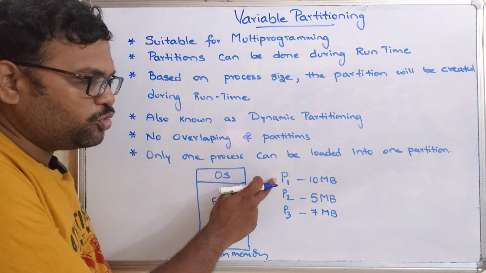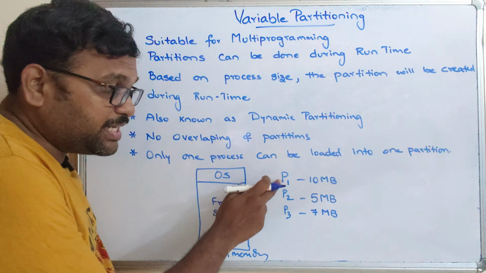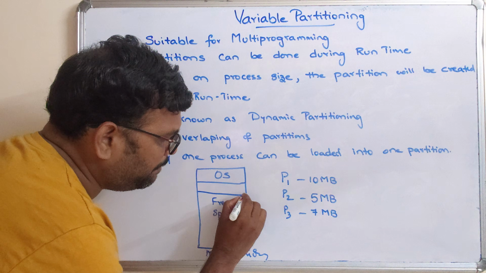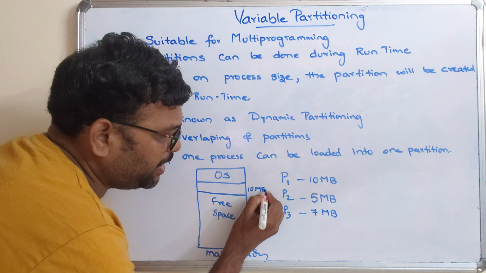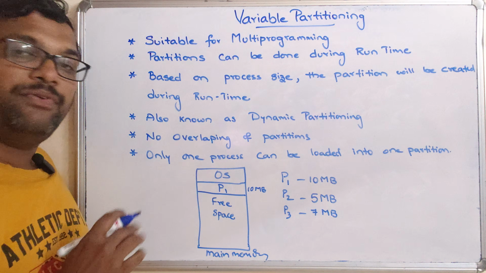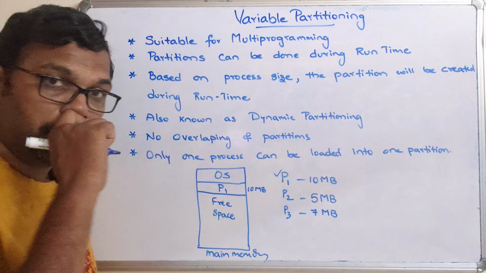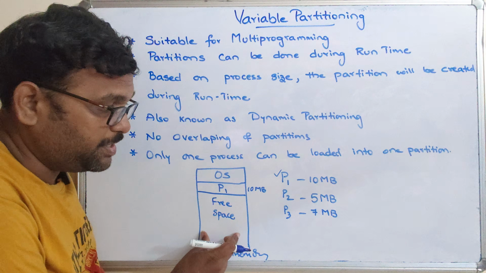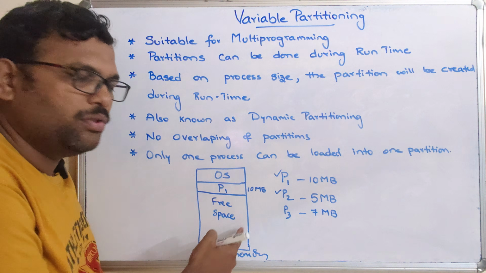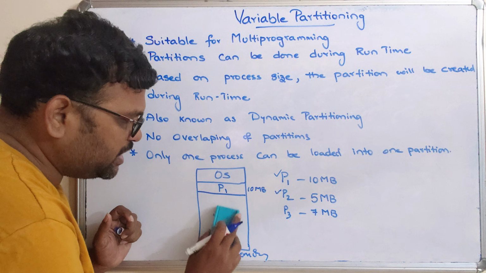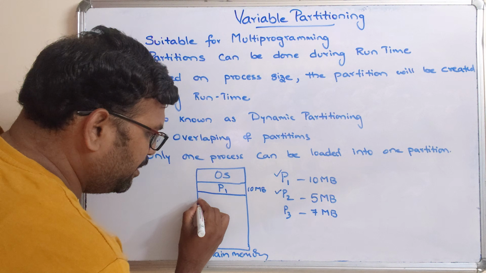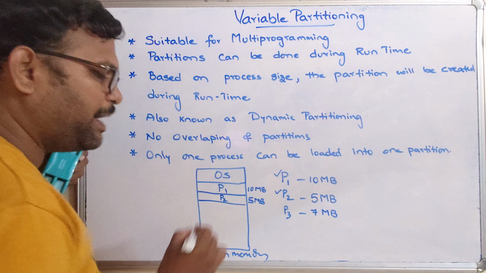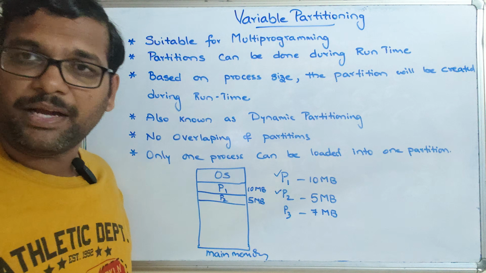Now, whenever P1 wants to be stored into the main memory, what is the size of P1? 10 MB. So from this free space, 10 MB of space will be allocated, I mean created, and P1 will be loaded there, and all the remaining is free space. Whenever P2 wants to load into the main memory, from this free space only a 5 MB partition will be created and P2 will be loaded into it.